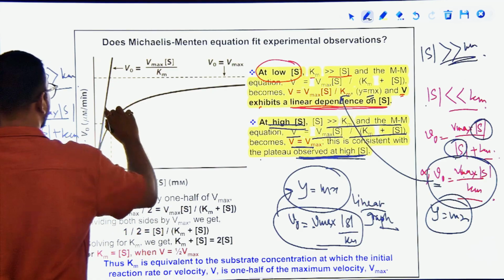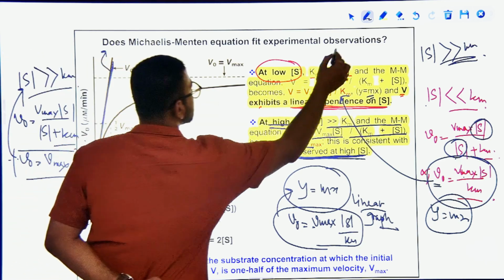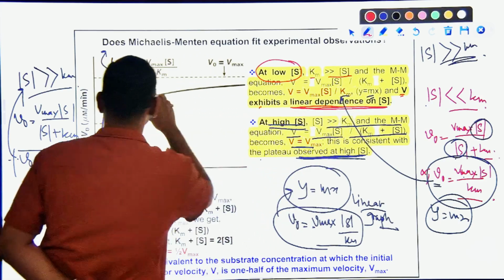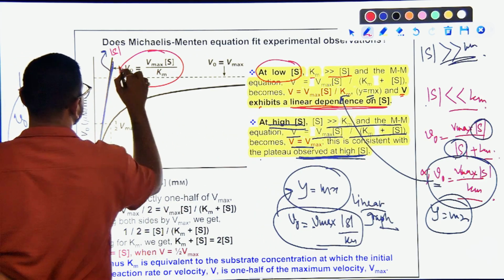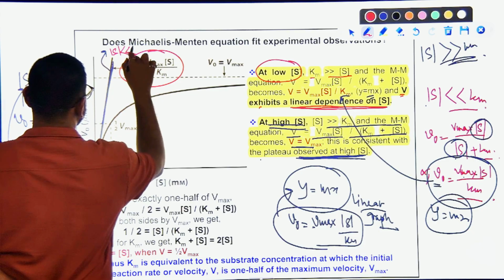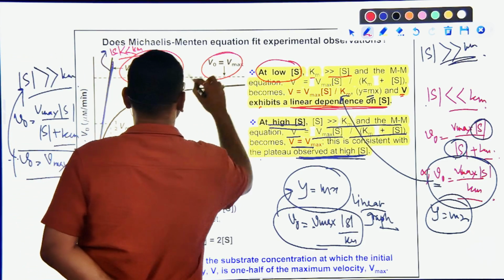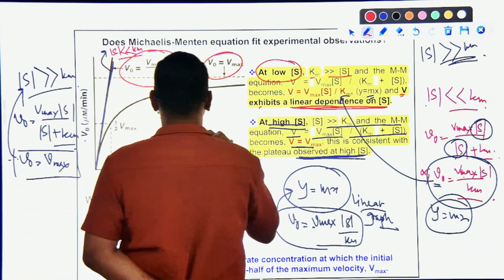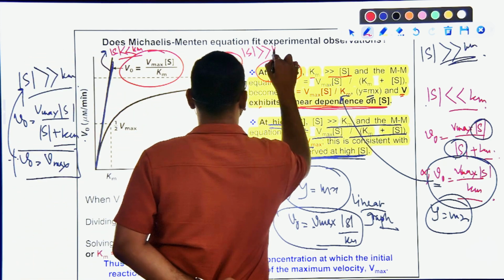So this is kind of an approach. This kind of approach is observed when S is less than Km, and this kind of approach is observed when S is much greater than Km.